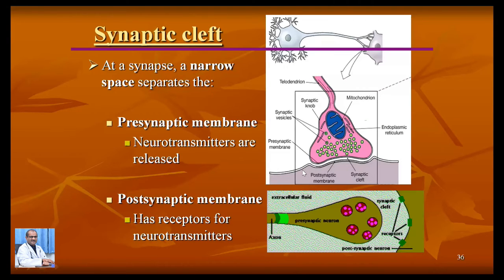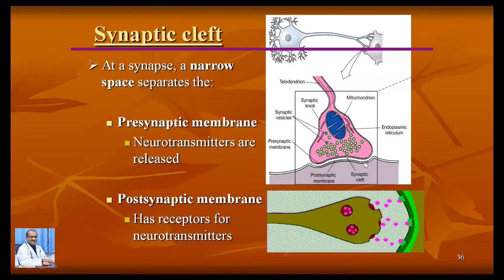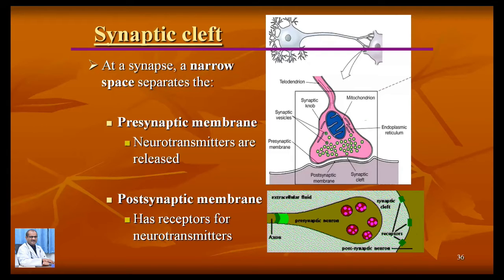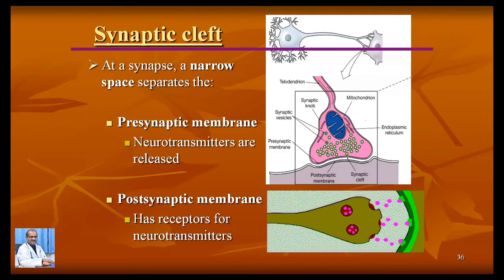As I already told, the postsynaptic membrane may be of an effector cell like skeletal muscle, smooth muscle, or a gland, whereas the synaptic cleft contains the secreted neurotransmitter.